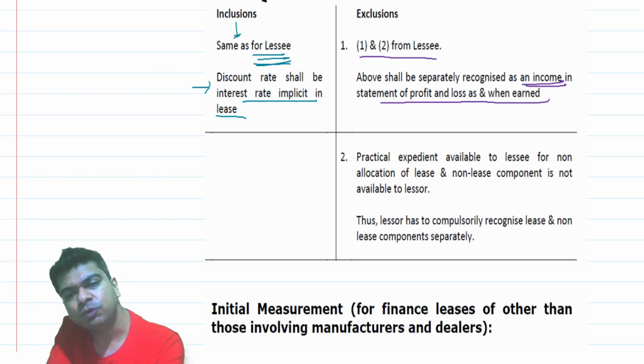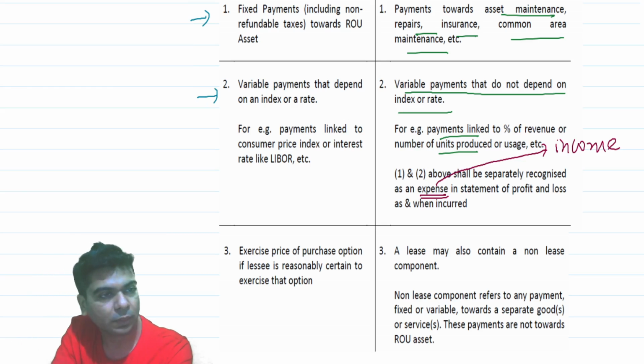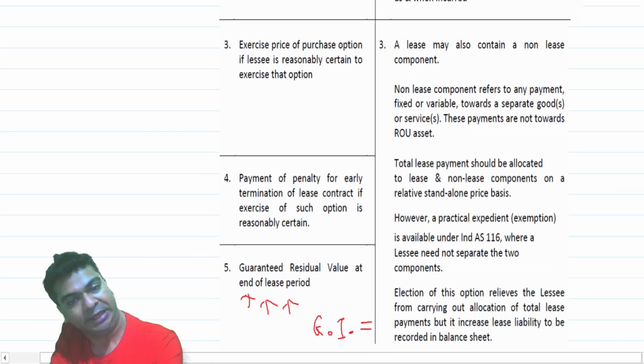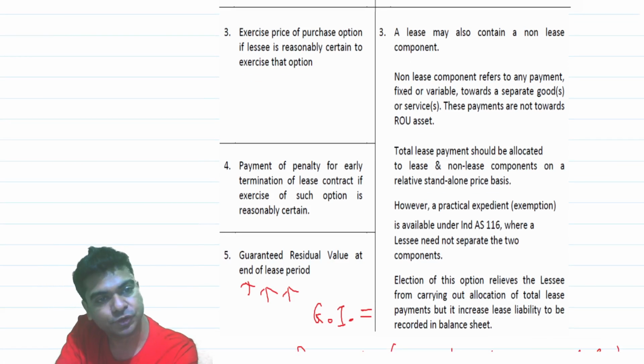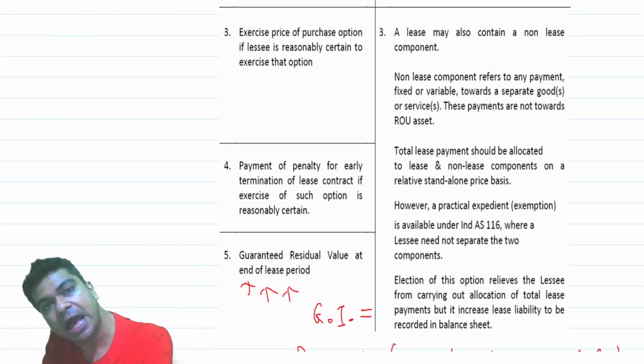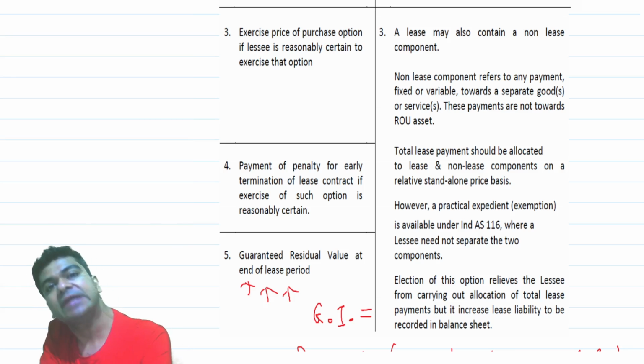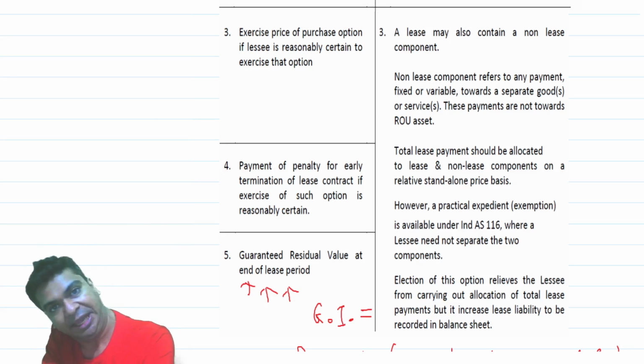And then yes, there is one place where the accounting of the lessee and the lessor will differ. And that is with respect to point 3 over here in the exclusions. Many a times in a lease agreement, you may have a lease component as well as a non-lease component. For example, the lessor is giving you a package deal.